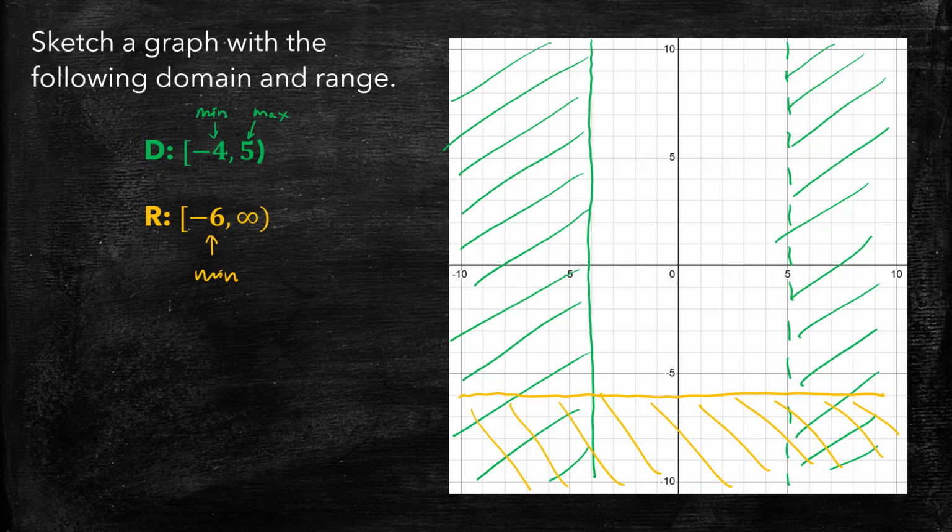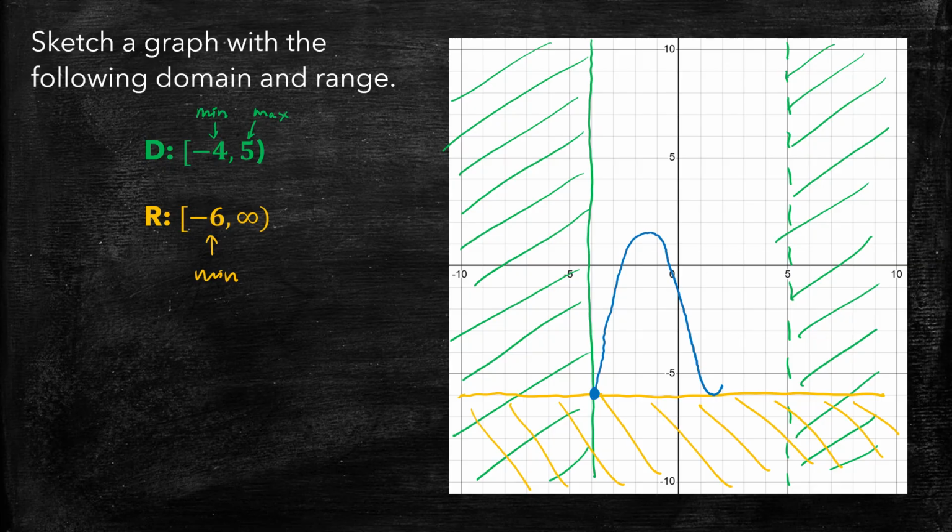So if we draw this graph, where to start? Well, -4, -6 is allowed. So to make sure I cover those values, I could just put a point like this here. And then I'm allowed to go anywhere from there up. So I could go up to here. Maybe I could come back down, maybe I could touch -6 again, but oh no, I have to actually get to infinity.